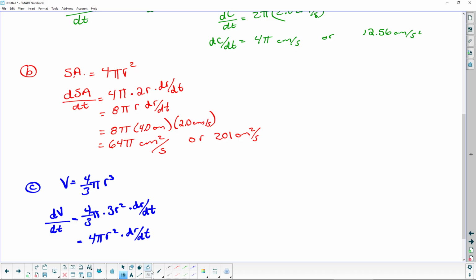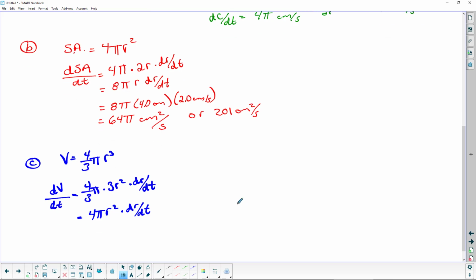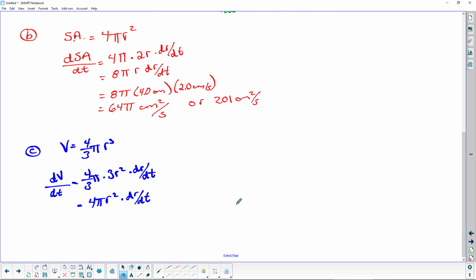Now we're going to plug in our numbers, and remember that volume should be in centimeters cubed per second. When we plug our numbers in, we keep our units. So we got 4 pi times 4 centimeters squared times dr dt, which was 2 centimeters per second.